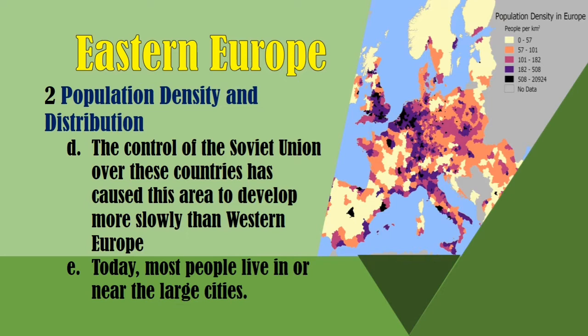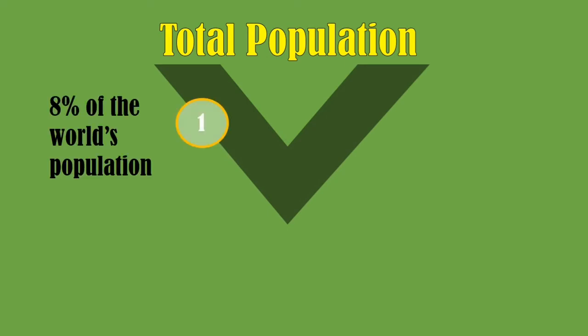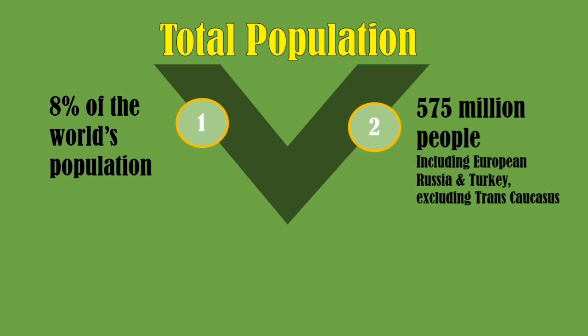So to summarize, Europe comprises 8% of the world's population, equivalent to 575 million people, including European Russia and Turkey, but excluding Transcaucasus.